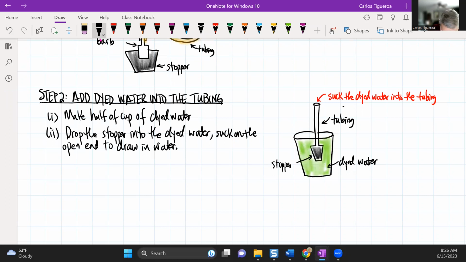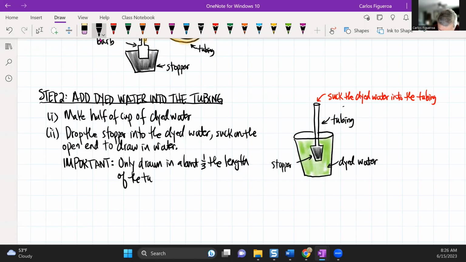Now, what you're going to find is that this becomes important. Only draw in about 1/3 the length of the tube. Don't do too much. You'll see, if you do that, it's going to cost you.